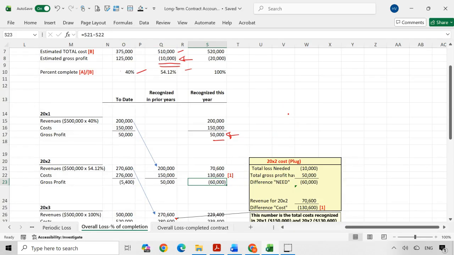And if I know that my revenue is $70,600 and my overall gross loss needs to be $60,000 to get to a net gross loss of $10,000, then this cost number is essentially a plug to make that work. And I have this calculation right here to show you how to do that. But that's what it is. It's a plug. That's why it says here, see, it says plug. And so now I'm going to record this entry.